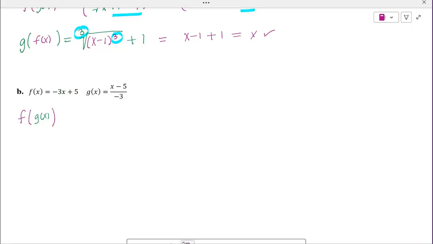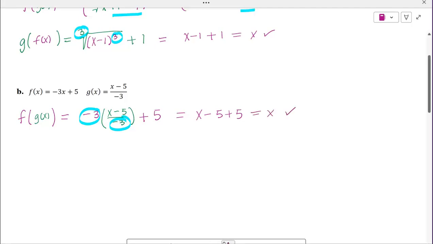So let's see, we'll get a negative 3, and then I'm going to put this whole function, x minus 5 over negative 3. So this is the 3x part, and then we have a plus 5. Notice that this negative 3 and this negative 3 will cancel each other. So then I get x minus 5 plus 5, which is x.